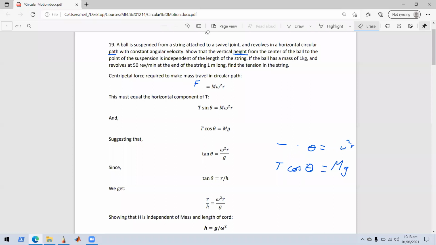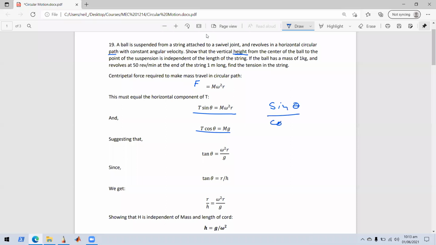So we have these two formulas, and I've rewritten them here and here. Now we know that sine of theta divided by cosine of theta is equal to tan theta. If you didn't know this before, well, now you do.